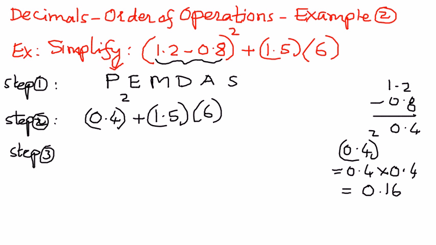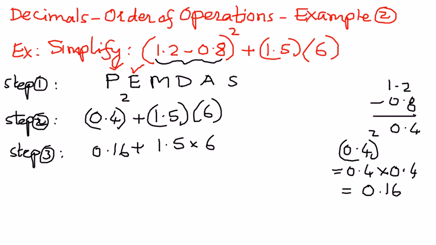So we write 0.16 instead of 0.4 raised to the power of 2. That is exactly the same thing. So we've simplified the numbers inside the parentheses and expanded the exponent. Now we write the rest of the equation, plus 1.5 times 6.